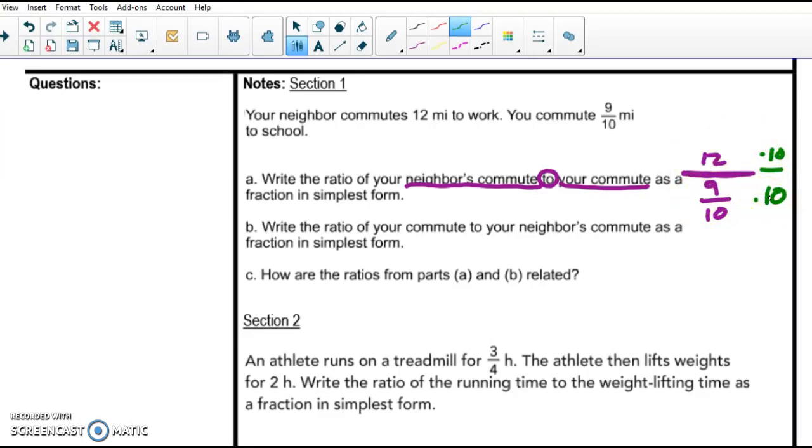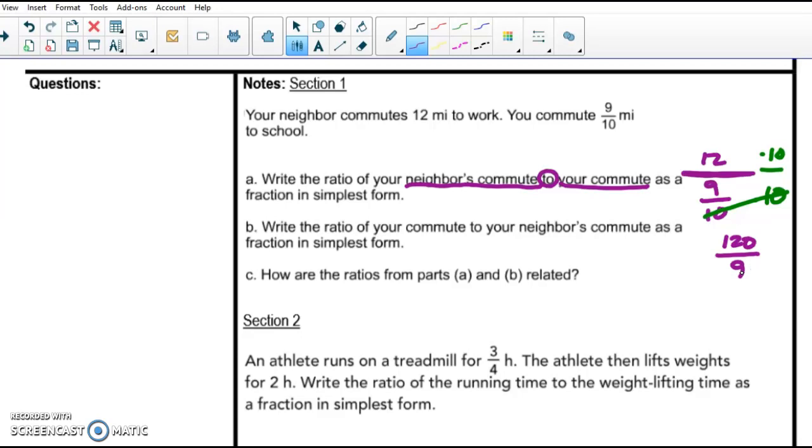When I multiply by 10 in the denominator, my 10s cancel here. In my numerator, I have 12 times 10, which is 120. In my denominator, I'm left with the 9. Now I need to simplify.